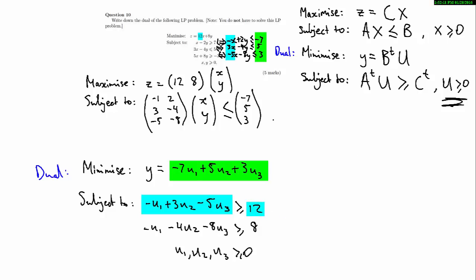Finally, we do a similar thing for the second constraint. We take this column here to be the coefficients in front of our variables U1, U2 and U3, and then we take the coefficient in front of the corresponding variable y and pop that at the end here with yet another greater than or equal to sign.